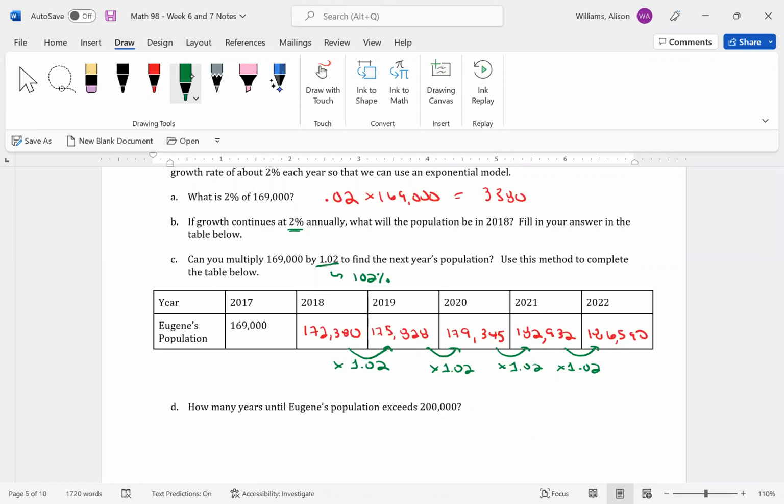So basically what I'm going to do is I'm going to keep multiplying in my calculator by 1.02 and figure out how many more times do I need to multiply this number by 1.02 in order to get to or exceed 200,000.